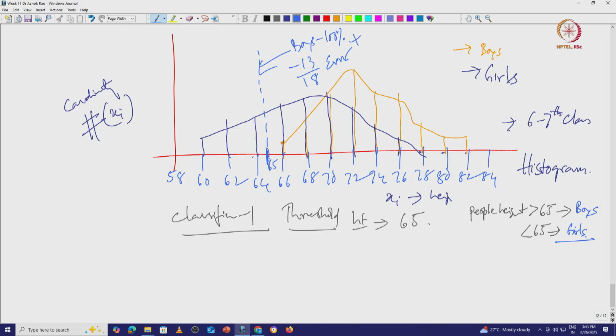Okay. The other extreme, suppose I select a threshold of 79. So, this is classifier 2. I select a threshold height of 79, and declare greater than 79 as boys, less than 79 as girls.